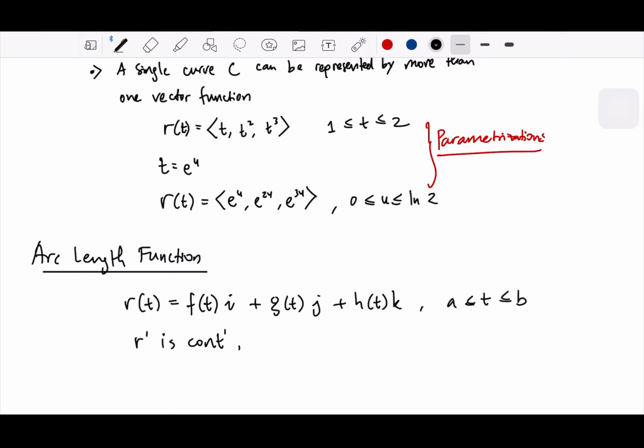The derivative is continuous, and the curve is traversed exactly once as t increases.